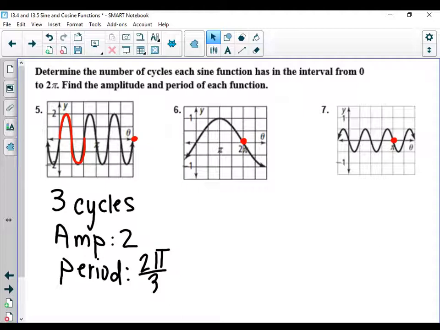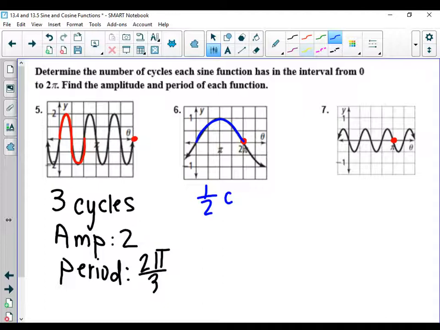So how many cycles did I get through from 0 to 2 pi? 1/2. Because that's not the full thing. I'm missing the bottom part. So I only got through half of it from 0 to 2 pi.